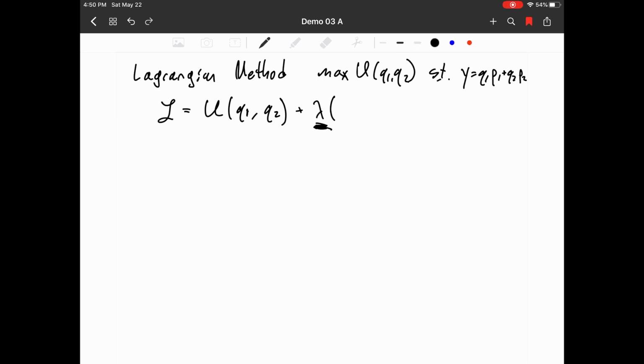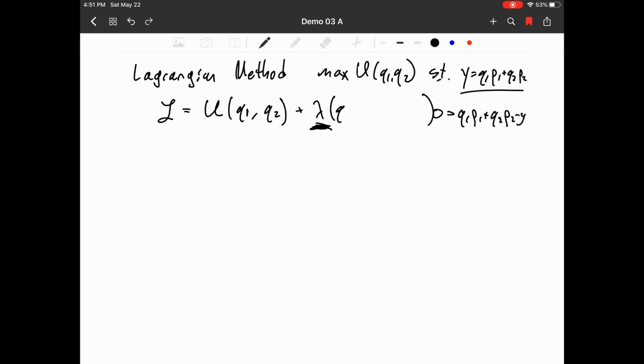But instead of writing the budget constraint as it's written here, we can rewrite this. We can say 0 is equal to Q1 P1 plus Q2 P2, and then we're going to subtract y. And this is what goes into this bracket here that we're multiplying by the Lagrange multiplier, the lambda.